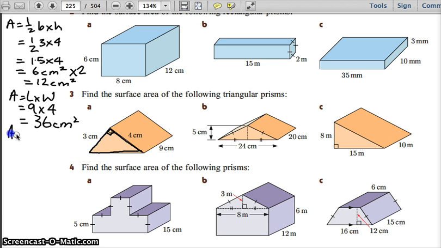That was a bit of a tricky one to throw in there straight up. Probably a lot of people have got stuck with that. That's 27 centimetres squared. What are we lacking? We're lacking the base, and the base must be 9 by, we don't know.